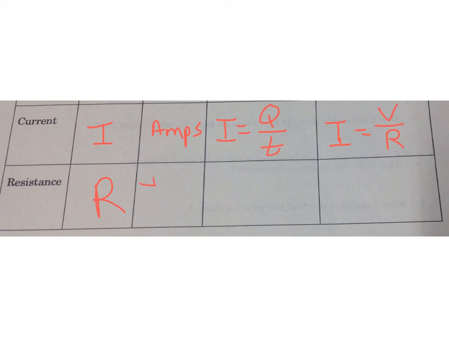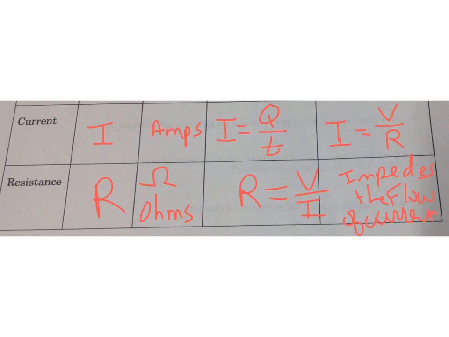Its unit is this symbol here, which represents the word ohms. Resistance is equal to the voltage divided by the current. The whole topic here is that it impedes the flow of current. So that's the big topic that we're talking about there.